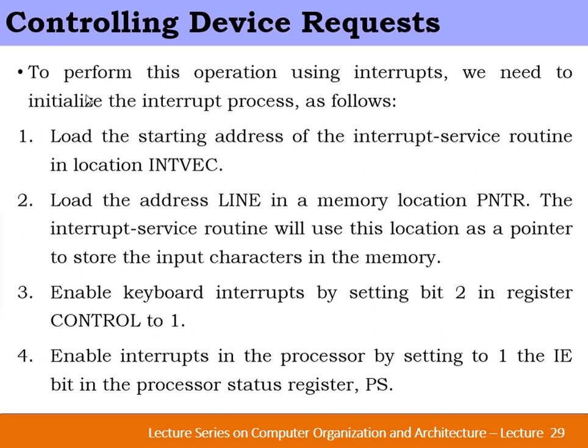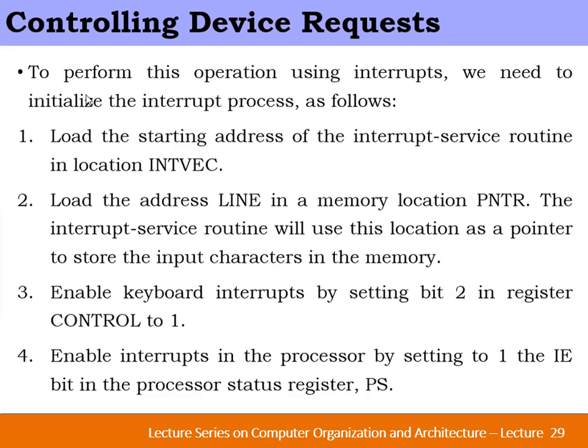Now, in order to perform this operation, it requires the use of interrupts. So we need to initialize the interrupt process as follows. Whenever we wish to read a line from the keyboard, it is required to run the interrupt service routine program, whose beginning address is available in the memory location INTVEC.